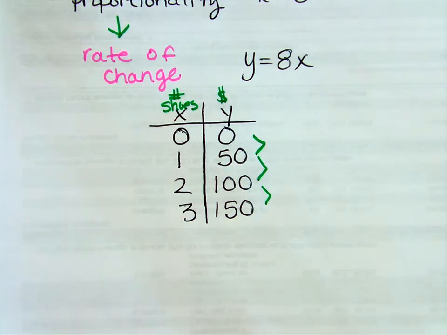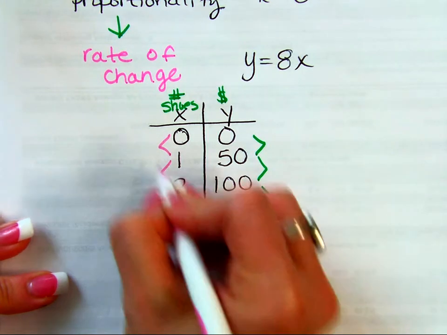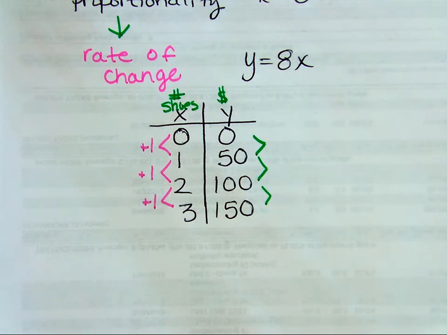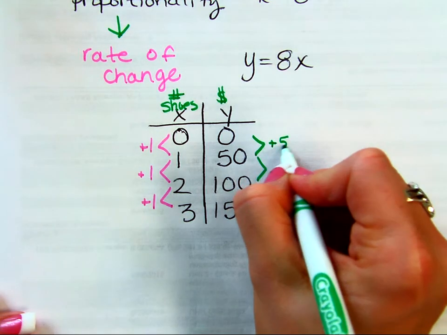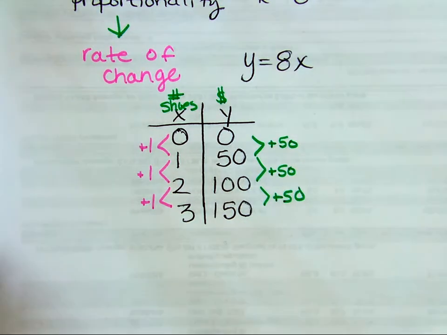If I buy 2 pair, I owe 100. What is the rate of change that money is flying out of my wallet at? Yeah, 50. So here's what's important: for every 1 pair of shoes that I purchase, my cost is changing by 50.